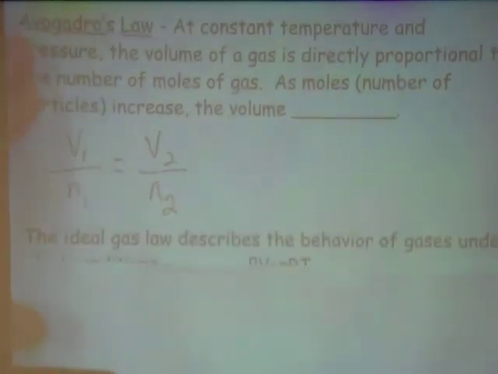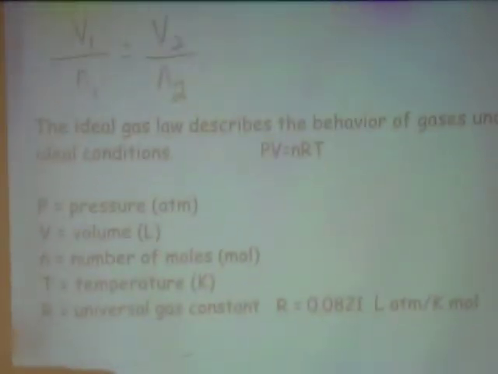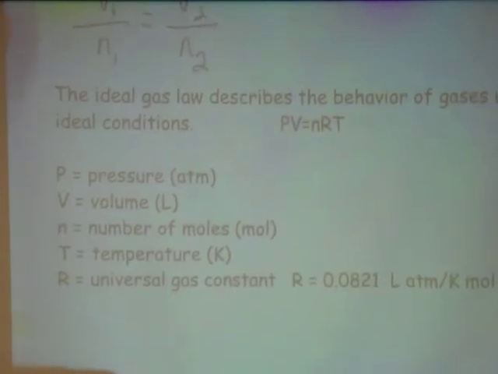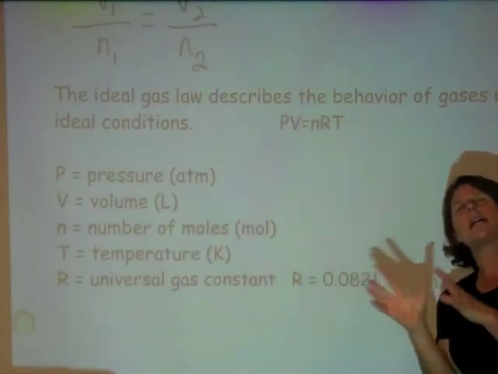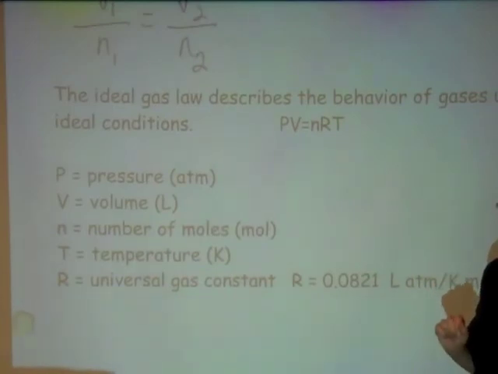Last but not least, you guys, I've already given you the ideal gas law. Keeping in mind here, let's kind of move that over so that we can actually see it this time around. This gas law takes into account all of the other individual gas laws.